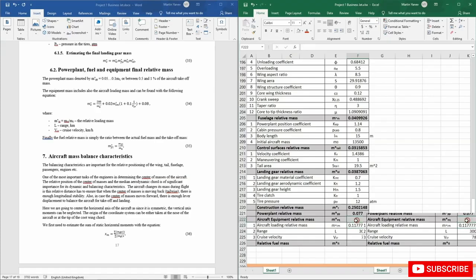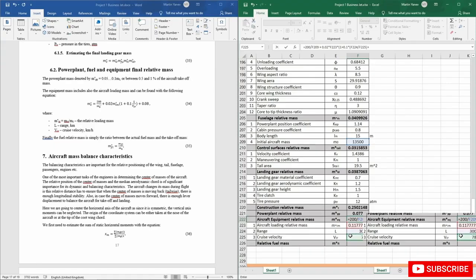And now, since we have all the parameters here, I can finally estimate the aircraft equipment relative mass. So this will be equal to 200 divided by m0, which is our initial aircraft mass, plus 0.02 multiplied by the loading mass, okay, and this will be multiplied by a bracket 1 plus 0.1 multiplied by a bracket, and then the range divided by the cruise velocity.